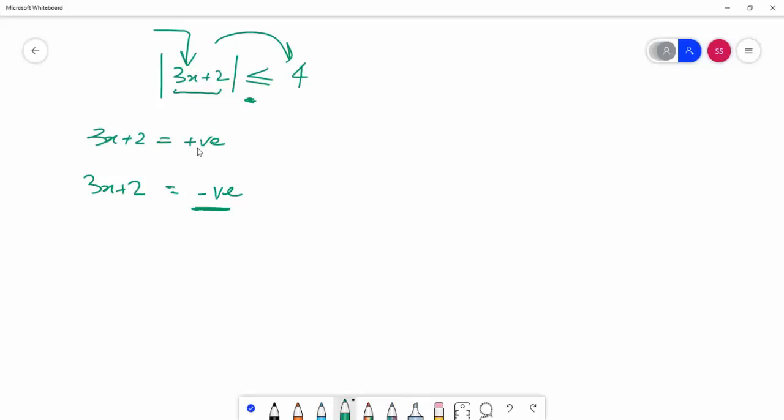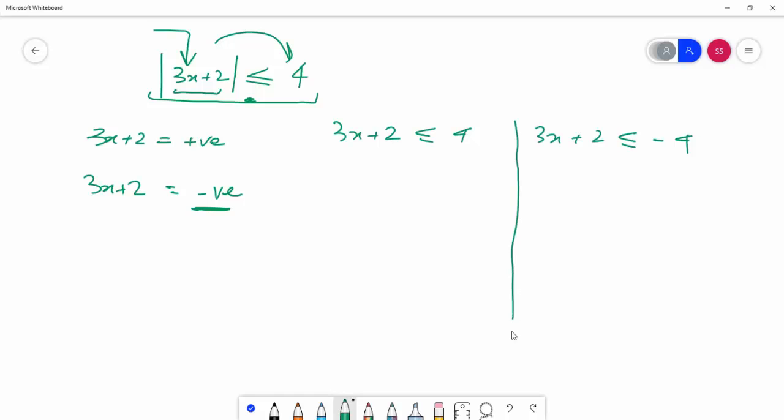Now, see, if we don't flip the sign, if we write 3x plus 2 is less than equal to 4 and 3x plus 2 is less than equal to negative 4, right? You are saying this thing, that why do we flip the sign, isn't it? So let us try to solve it. Subtracting 2 from both sides, you'll get 3x equals 2.